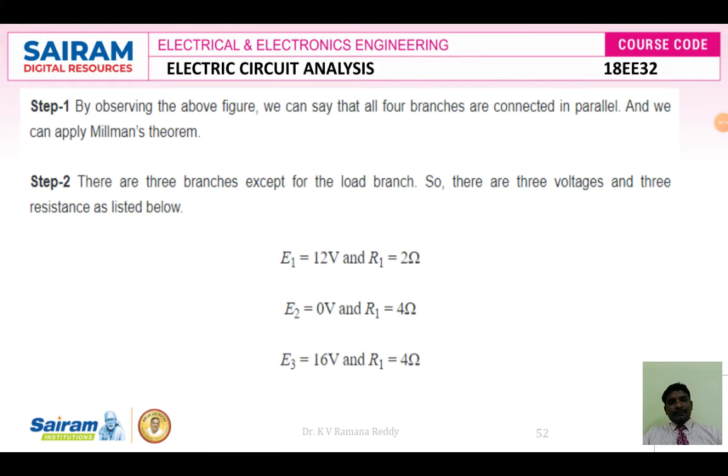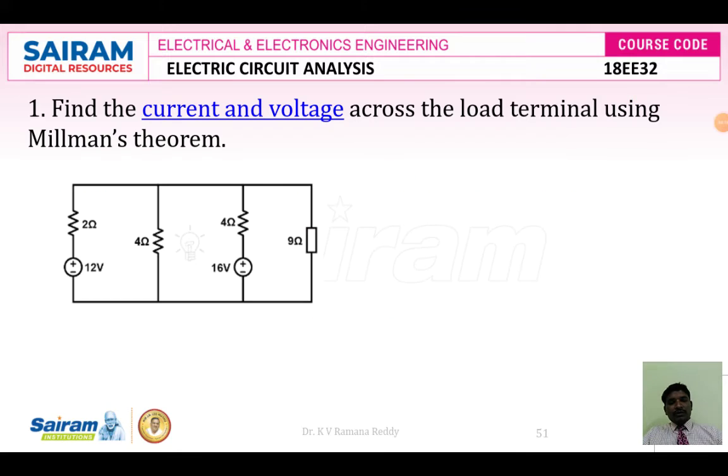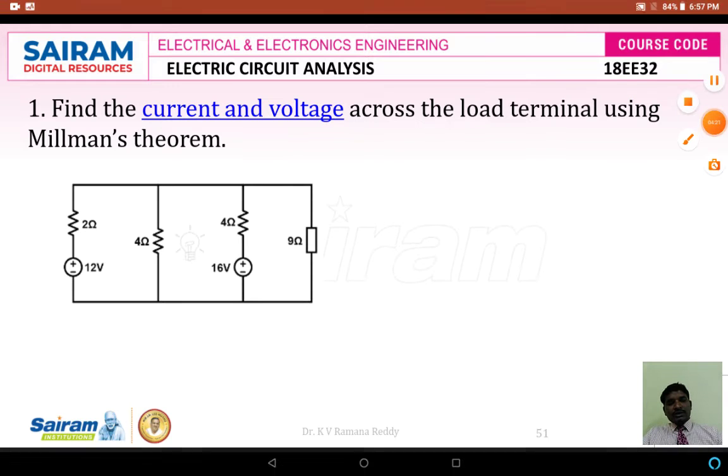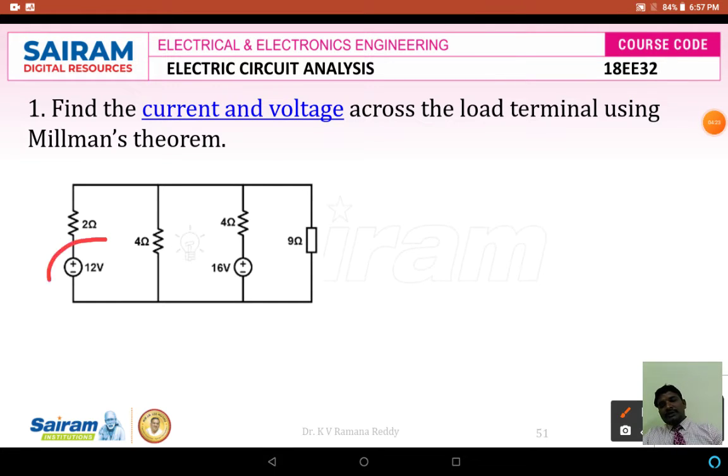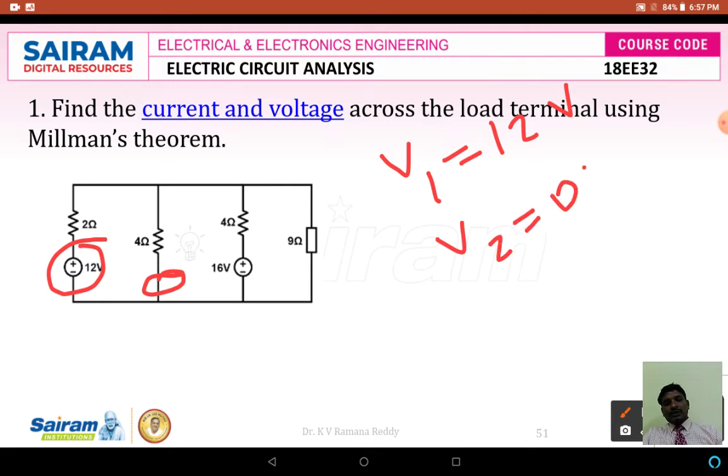So first of all, I want to convert all these voltage sources. Here in the given problem V1 is equal to 12 volts, and in the V2 branch they have not given any voltage value, therefore I can take V2 as 0 volts, and V3 they have given as 16 volts.